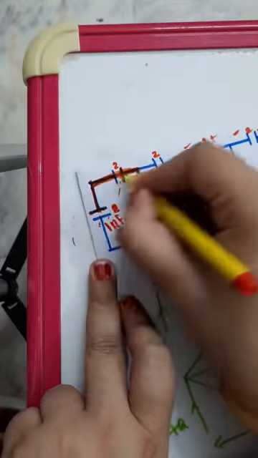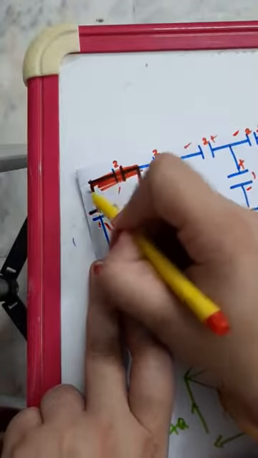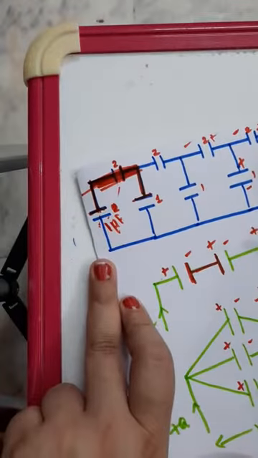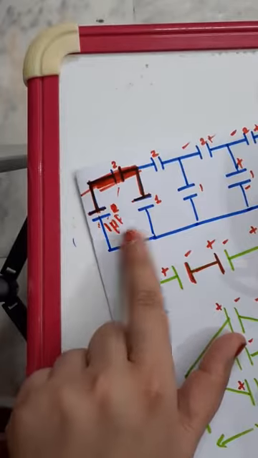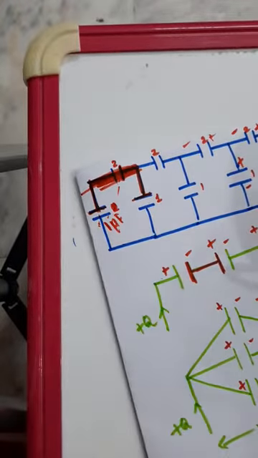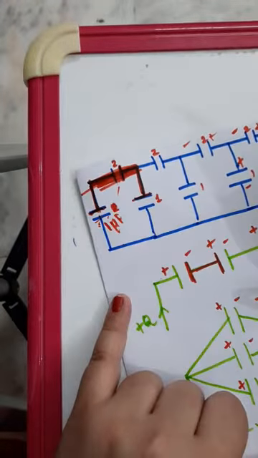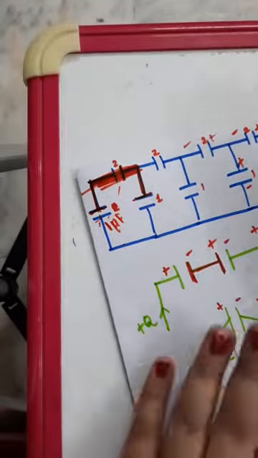And just leave this, draw it again where you would not draw this capacitor. Now this is 1 microfarad and this is again 1 microfarad. What you can see right now is that these two capacitors are connected in parallel combination.